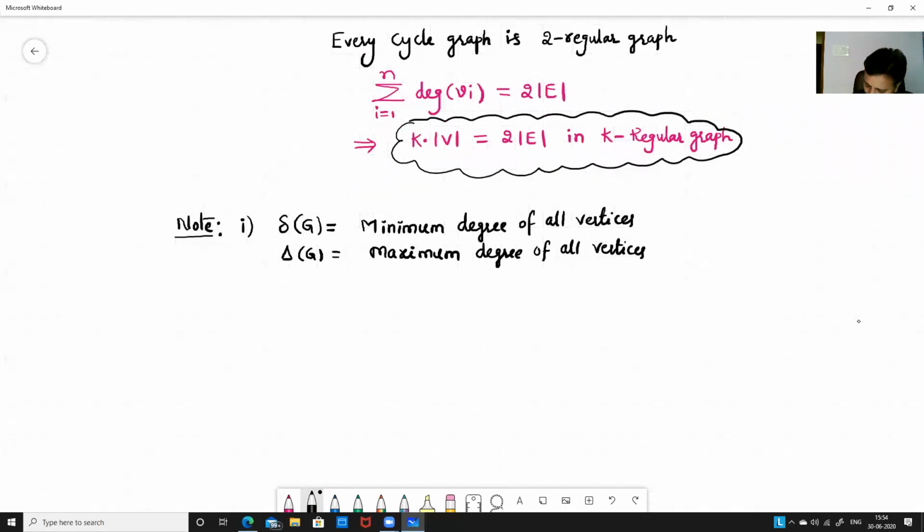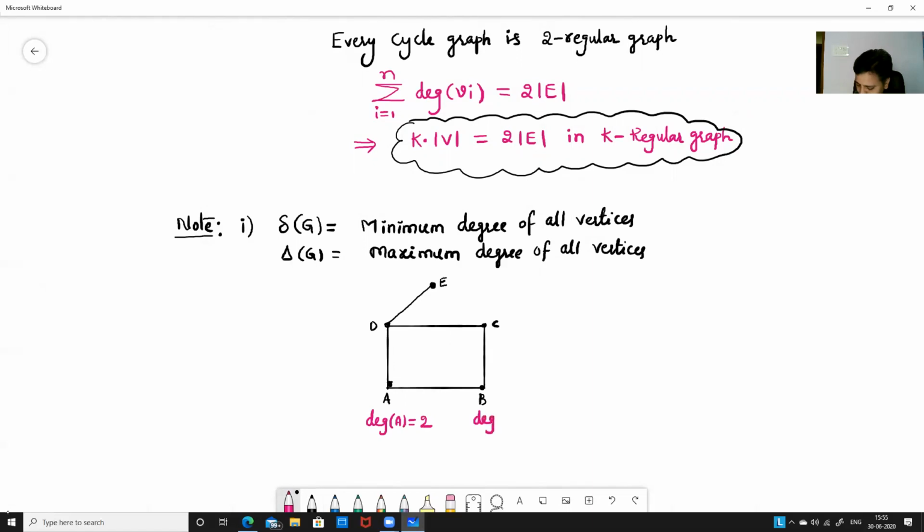For example, if you take a 5 vertices graph, with vertices A, B, C, D, E. Clearly the degree of A is equal to 2, sorry for the mistake.